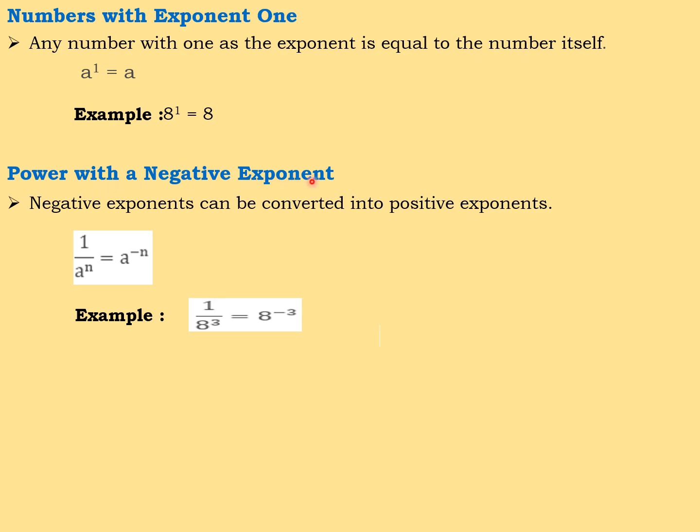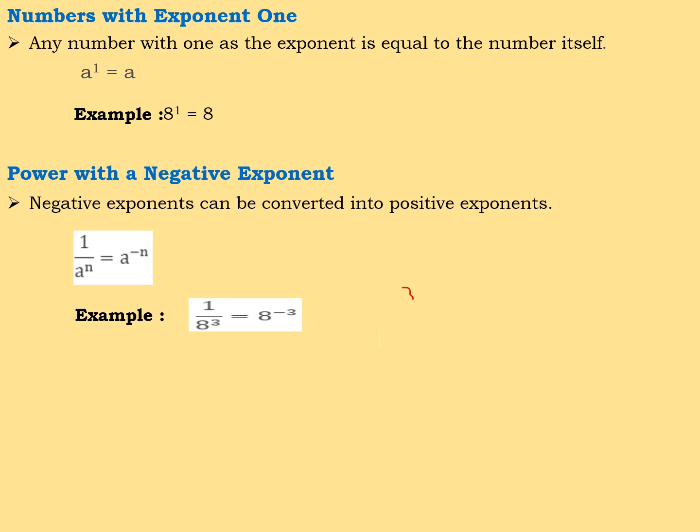Power with negative exponent. Negative exponents can be converted into positive exponents. So please look here: 1 by a to the power n is equal to a to the power minus n. 1 by a to the power 3 is a to the power minus 3.